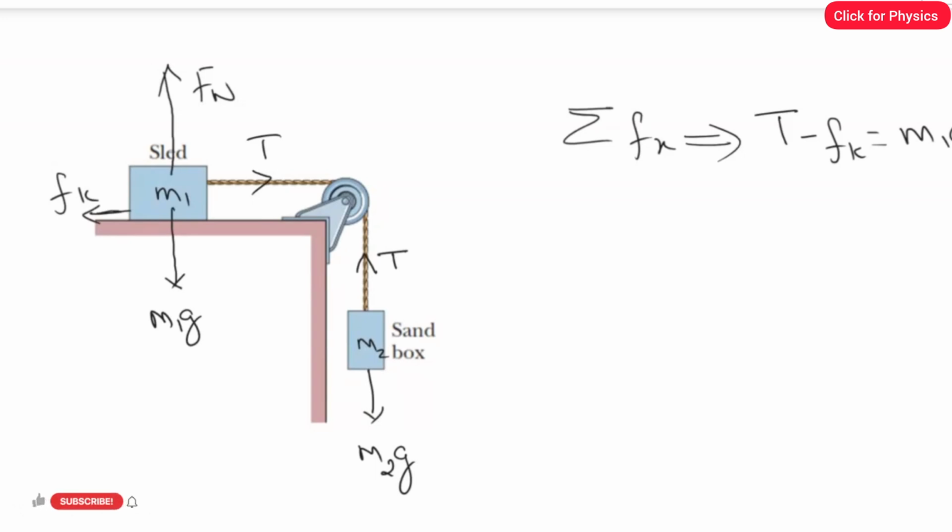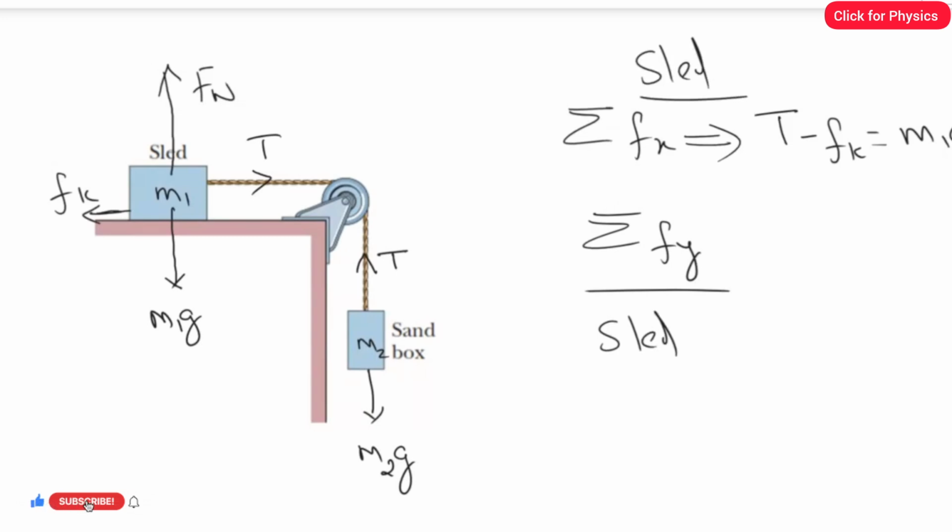Now we have to frame the equation for the vertical forces. For vertical forces, we have two: one for the sled and another one for the sandbox. So the summation of Fy we have for both. Horizontal force is only for the sled, am I right? But for the vertical force, you have two equations.